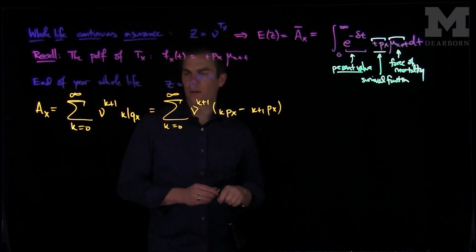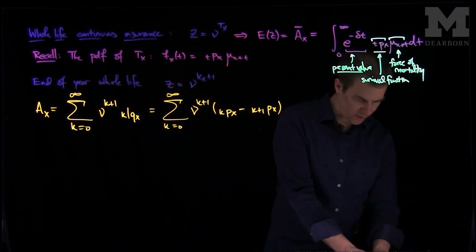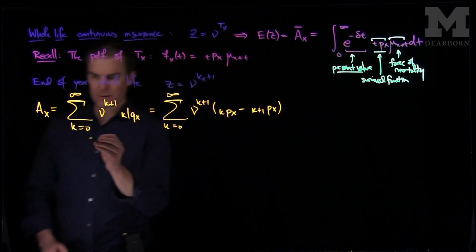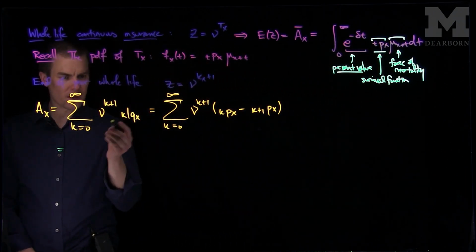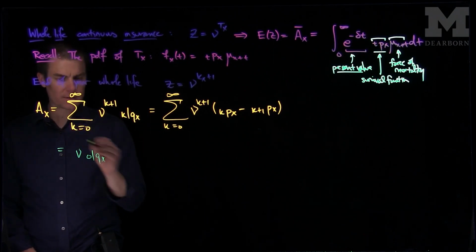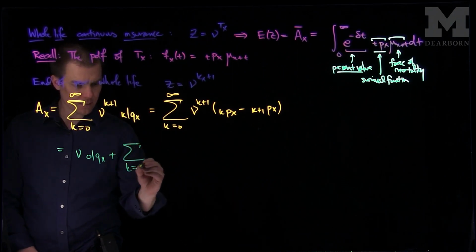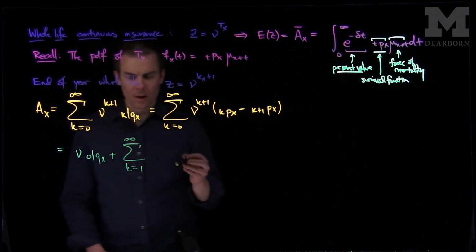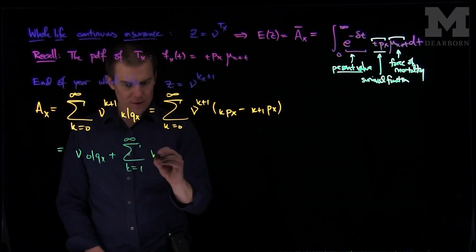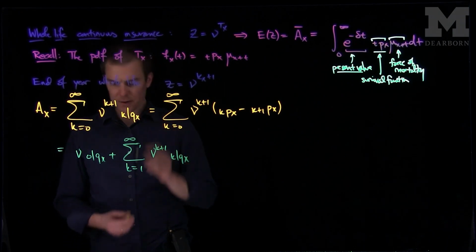And often what is important to note is that for the first term in this discrete insurance, we have the following relationship. The first term will be v times 0|q_x plus the sum, k goes from 1 to infinity, of v to the k plus 1 times k|q_x.